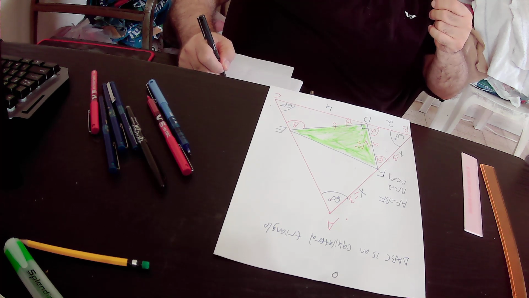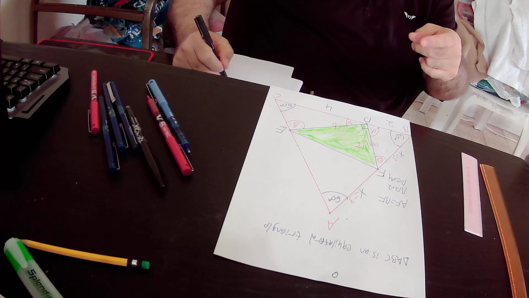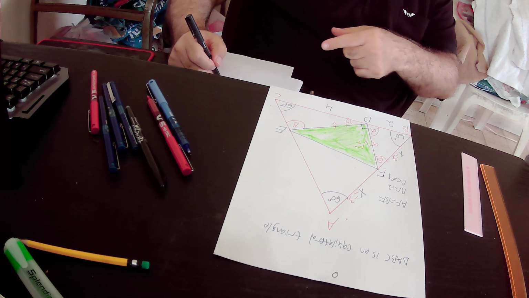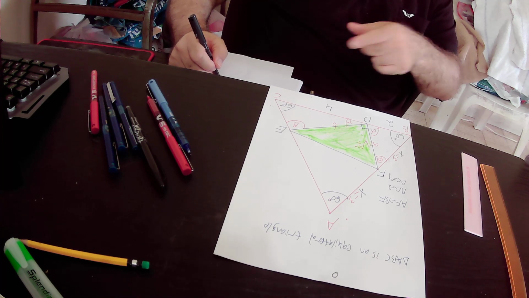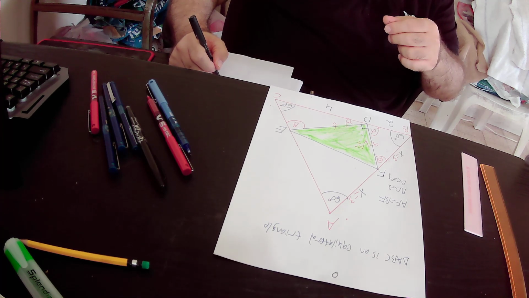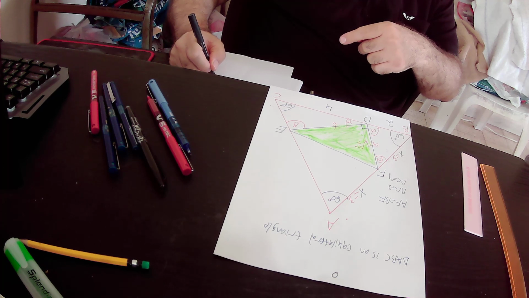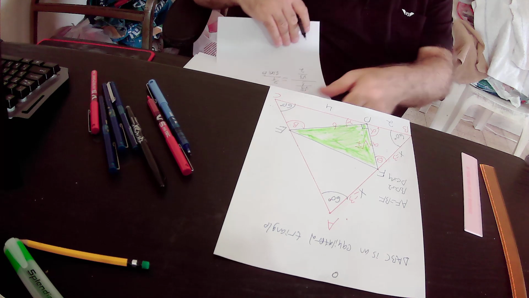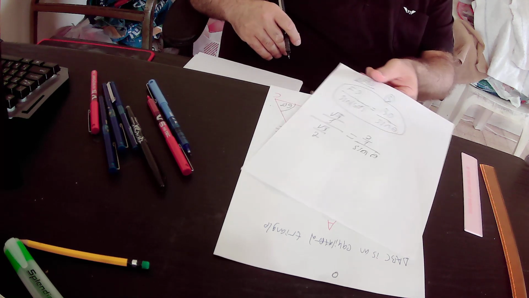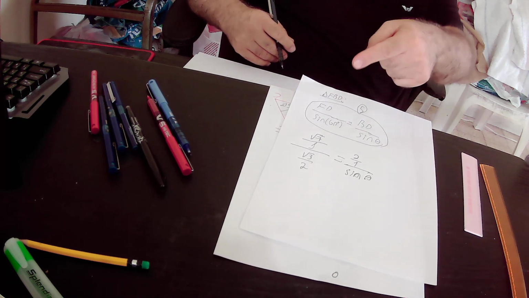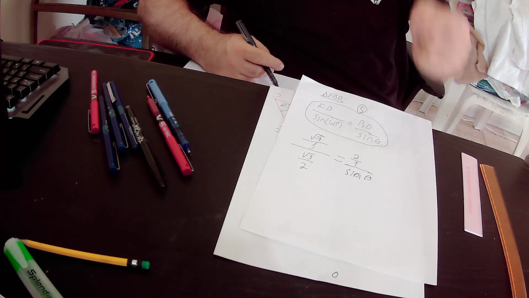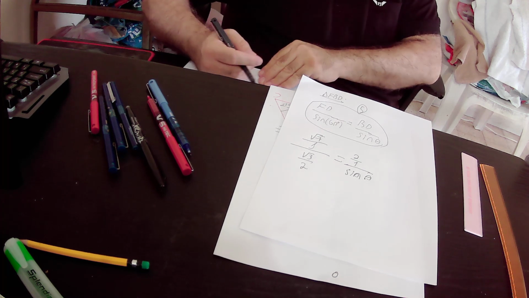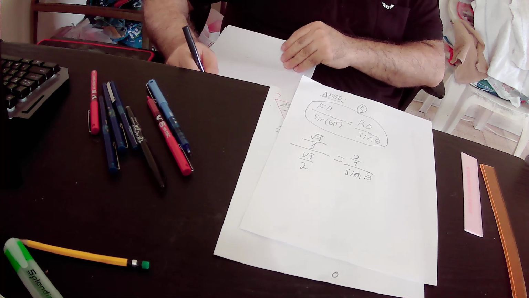We will find out the value of sine theta according to the equality that we created according to the law of sines. So in total we got that root 7 over root 3 over 2 equals 2 over sine theta.